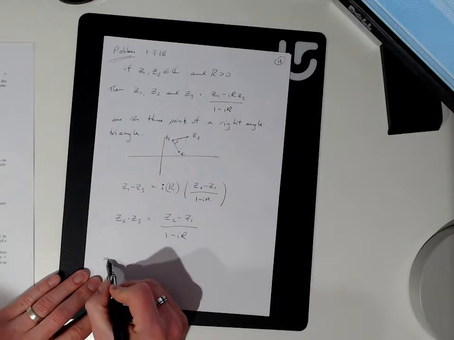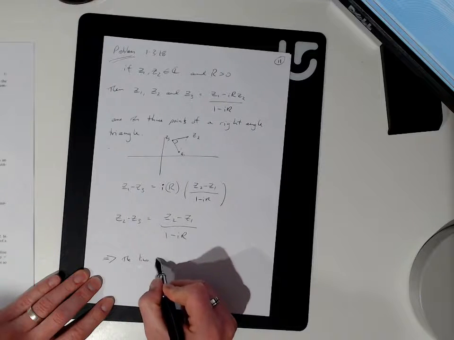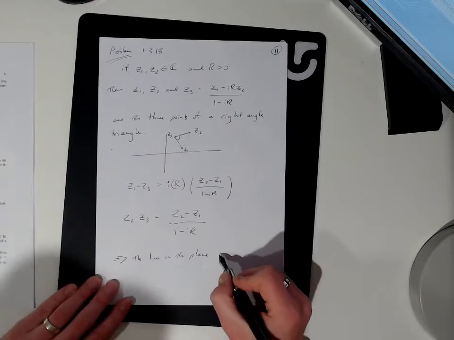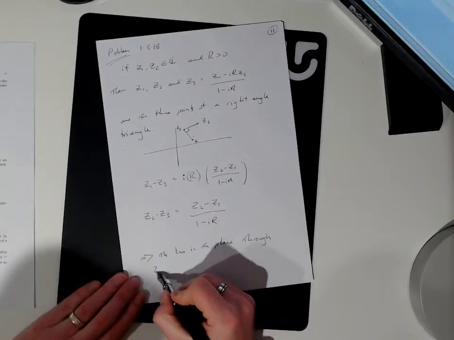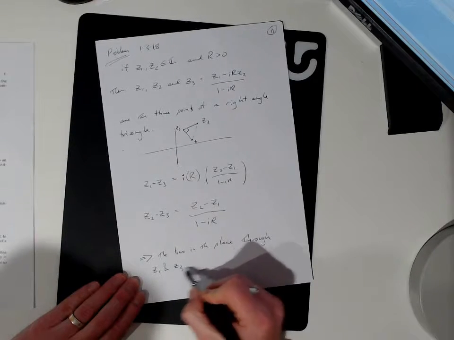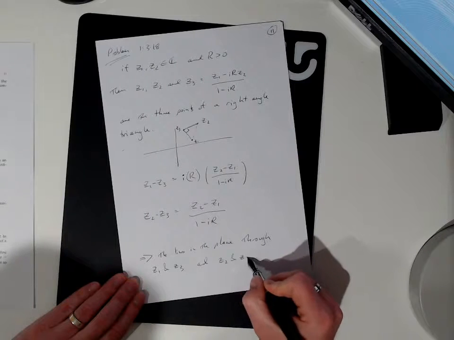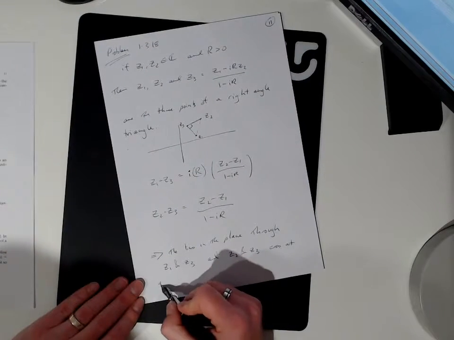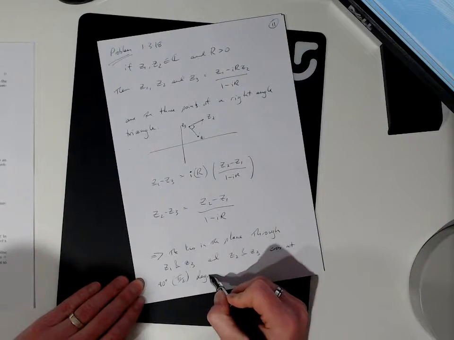So this implies that the lines in the plane through z1 and z3, and z2 and z3, cross at pi over 2.